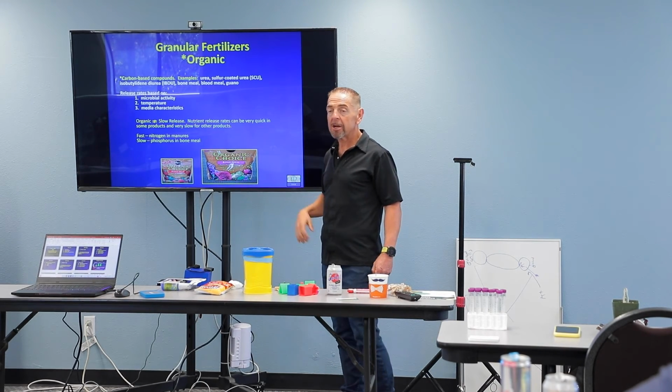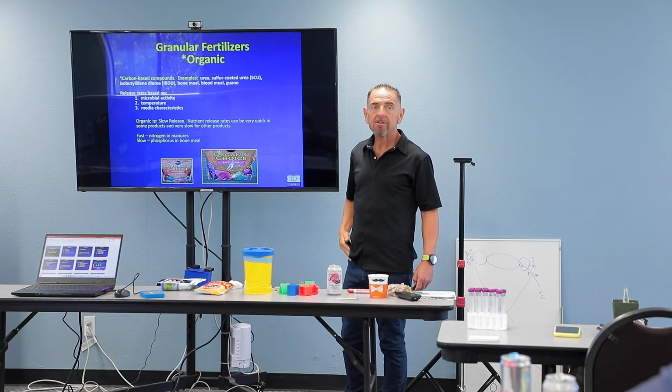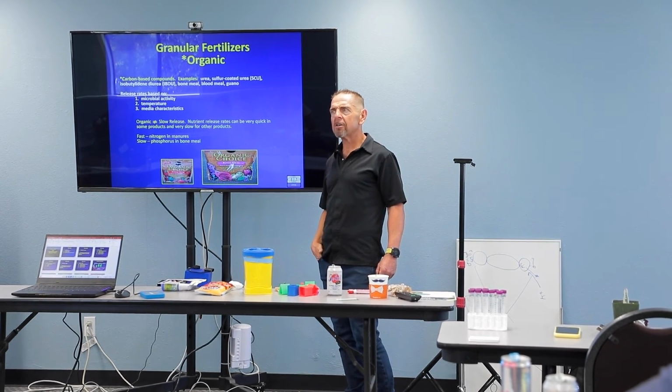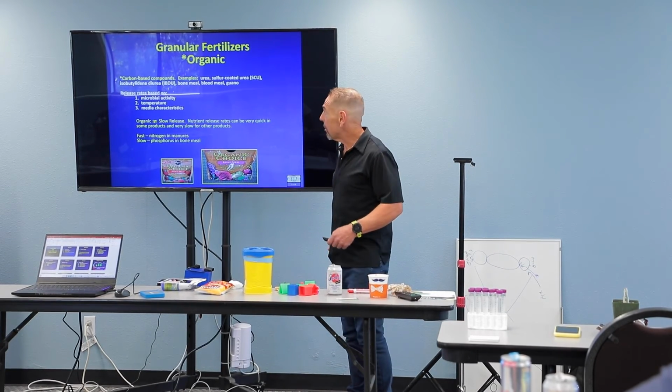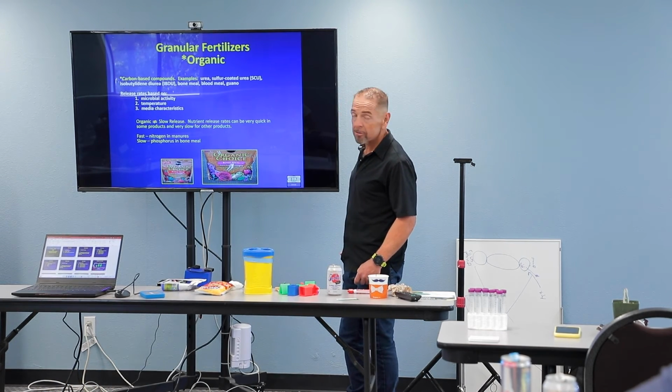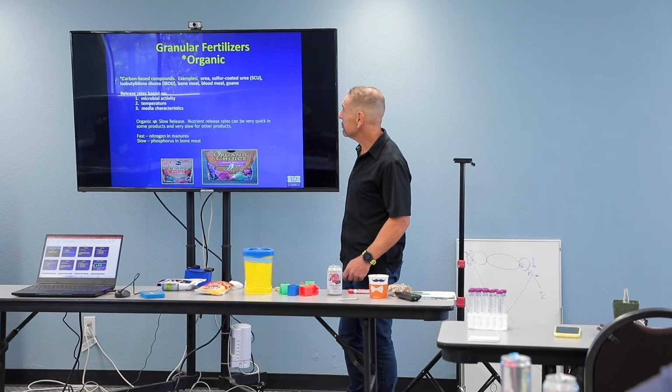If they're not broken down properly, you can get burned on some of these products. Seems like the smaller the animal, the more likely to get burned. So chicken manure and such. Keep that in mind, but those are sources that can be used if you do organic production.